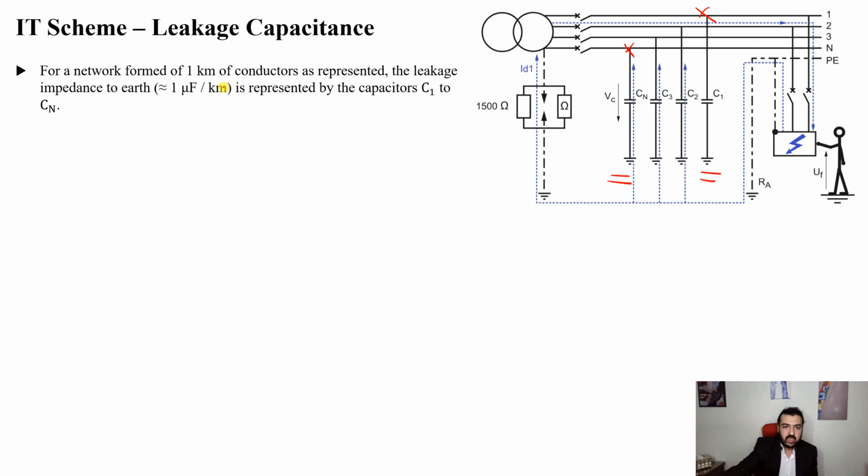However, as the distance starts to increase, this capacitance starts to be more significant. So for example here, let's say that the leakage capacitance to earth is 1 microfarad per kilometer, and we assume that this distance is 1 kilometer. So each one of these will be the capacitance per kilometer multiplied by distance.